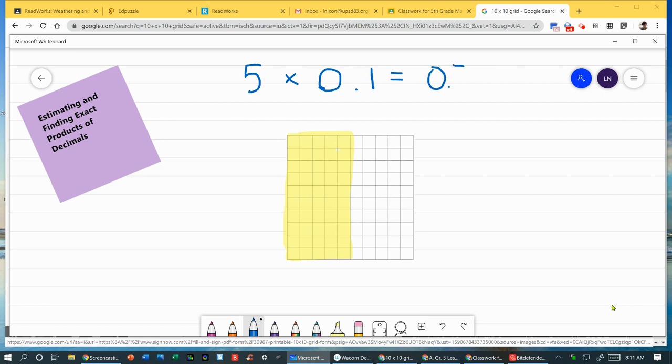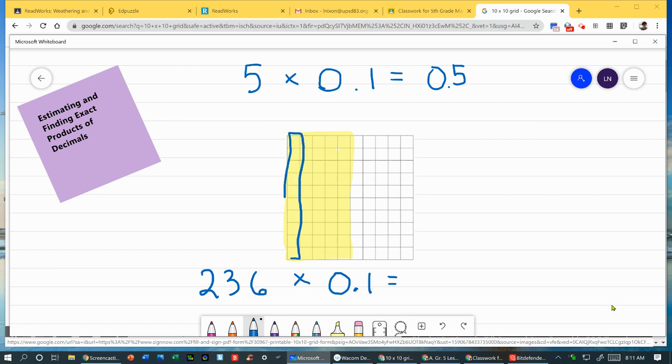Now, the more complicated one, I can't really use a grid on because it would require a whole lot of grid use. But let's think about what we would have if we had 236 times 1/10. We would have 236 of these shaded in.